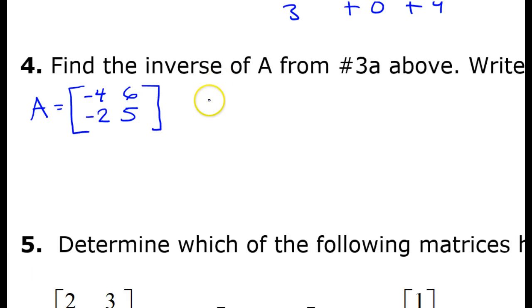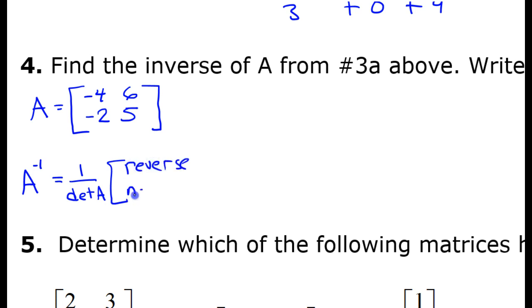In this video, I will show you how to find the inverse of a 2 by 2 matrix. So matrix A is right here. The way you find the inverse, which is denoted by a little -1 superscript and read "A inverse," is to take the reciprocal of the determinant of matrix A times what I'm going to call the reverse negate matrix.